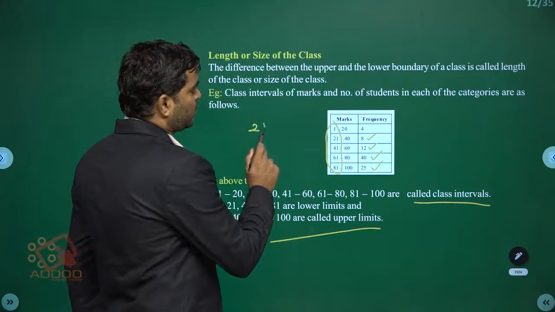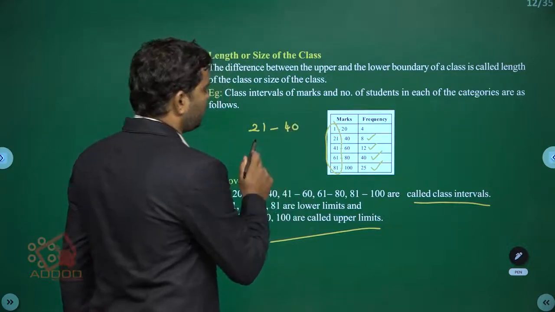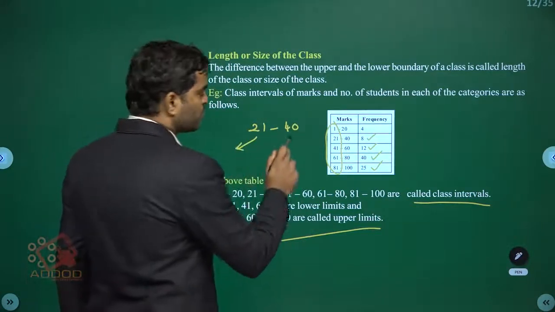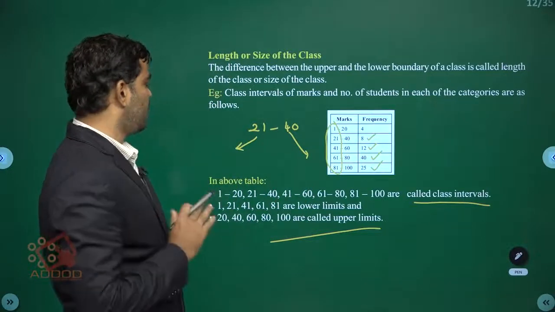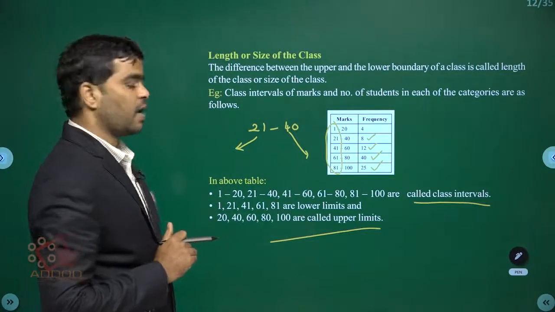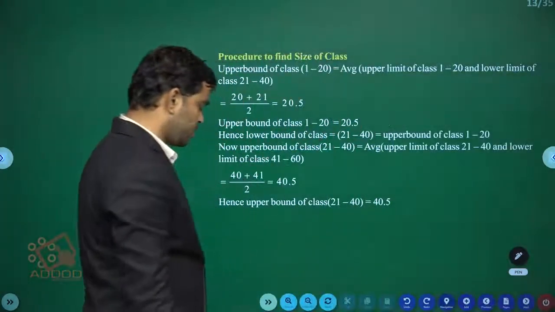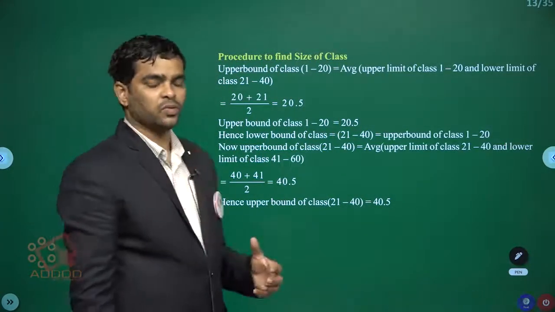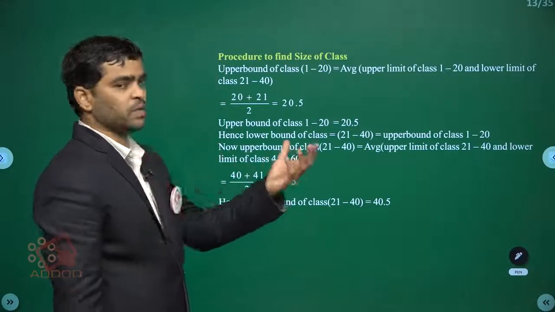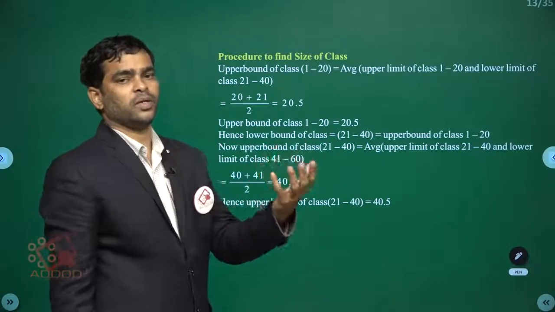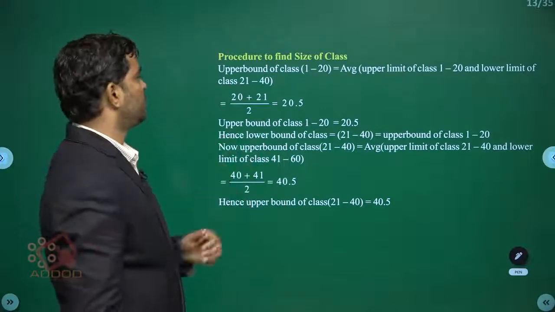In this 21 to 40 class interval, this 21 is the lower limit, this 40 is the upper limit. Okay, this is about the length and size of the class interval. If you learn these basics now, it will be easy for you when you solve the problems. They will ask you what is the upper limit, what is the lower limit, what is the mid interval and all. So that is why.